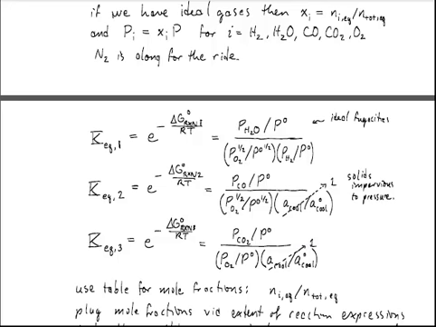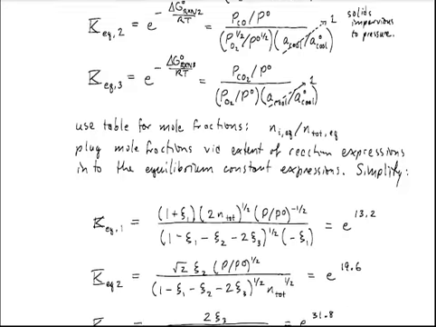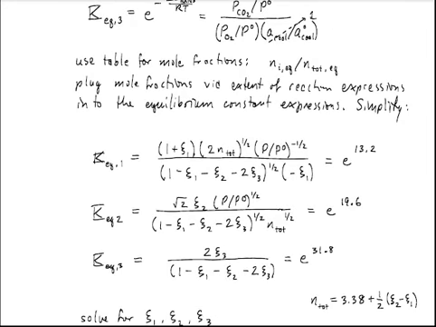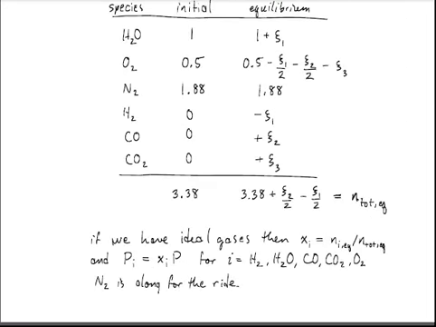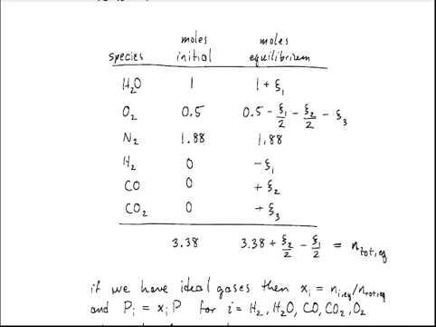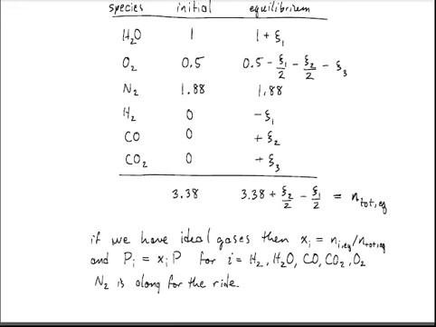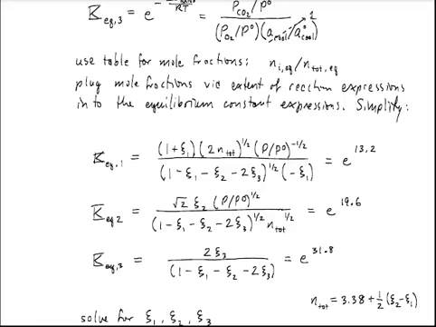We can go back now and plug these things in in terms of mole fractions. So now we're going to make use of our table and write mole fractions for each of these things, relating them to the total pressure and the partial pressure in that way. So here are the mole fractions plugged in.